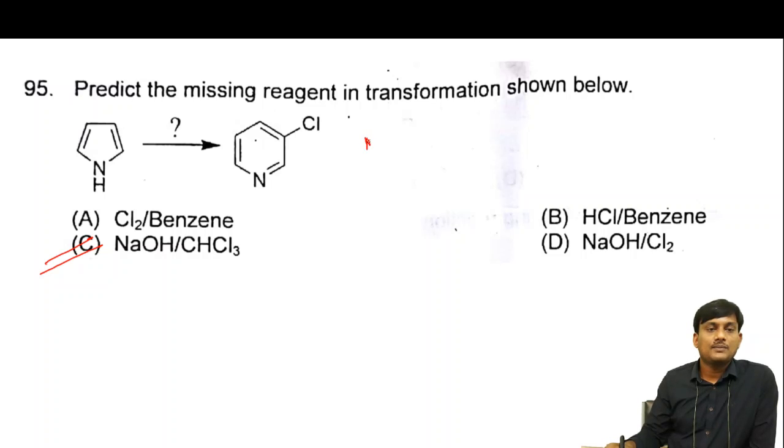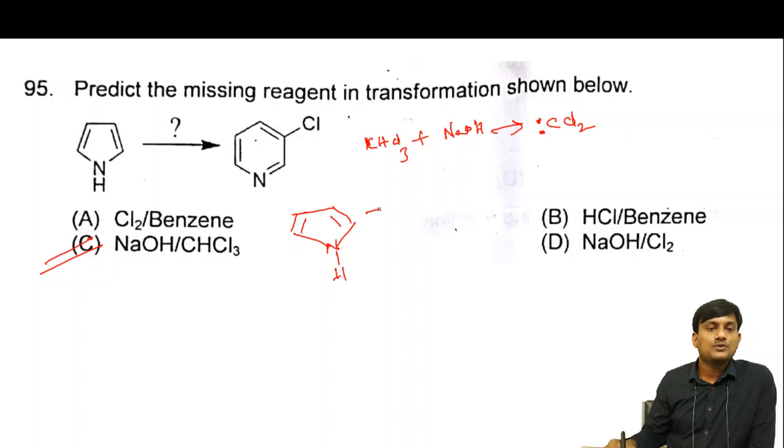In this case, CHCl3 plus NaOH, there is a generation of carbene intermediate, dichlorocarbene intermediate. This one is an electrophile, electron deficient species. This one can act as an electrophile.